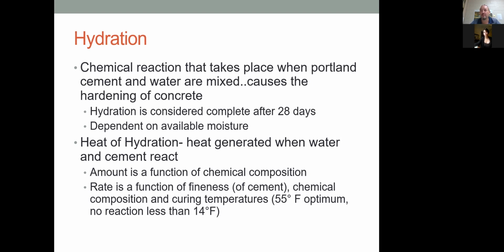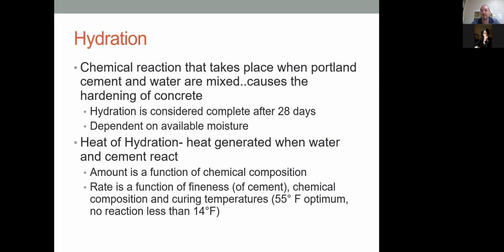It's not going to reconstitute into its original constituents, but we have something new. So, the hydration process causes the cement and water to bond and adhere to the aggregates that we're using, typically gravel and sand. So pretty important concept, hydration.